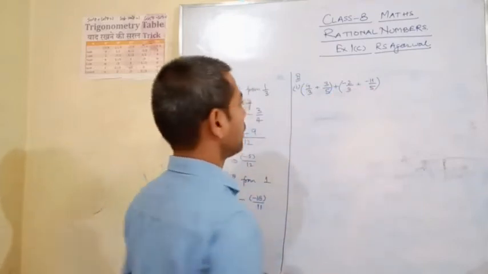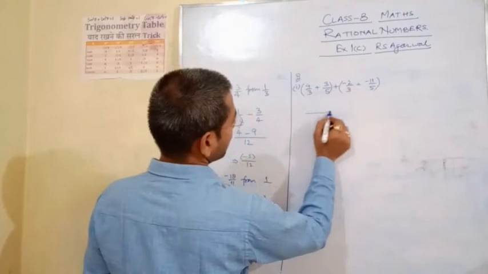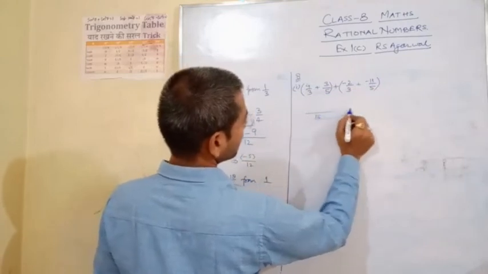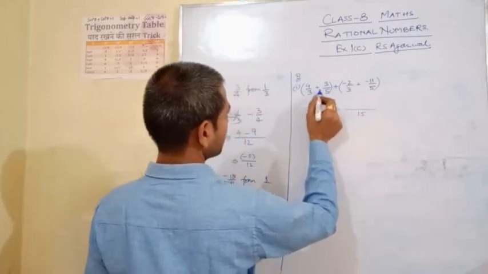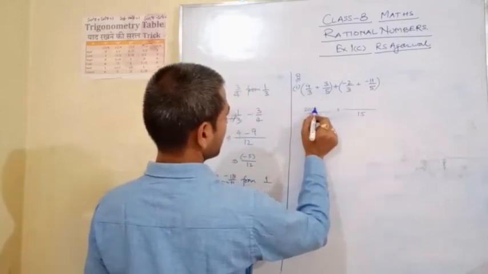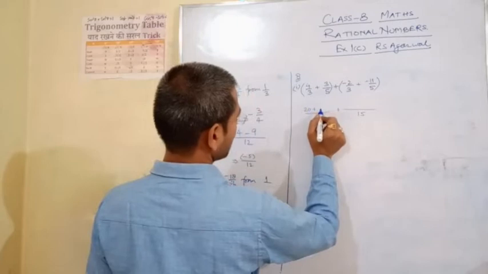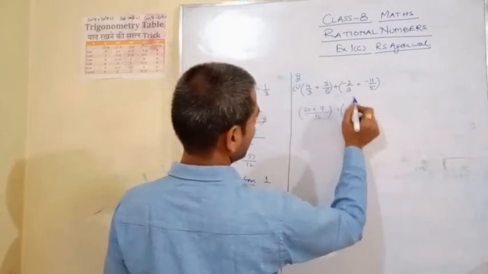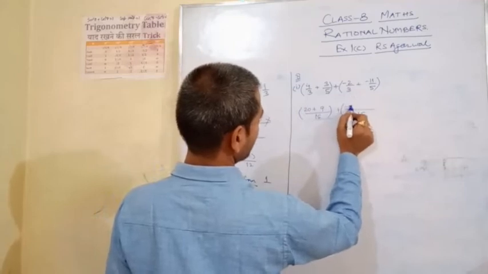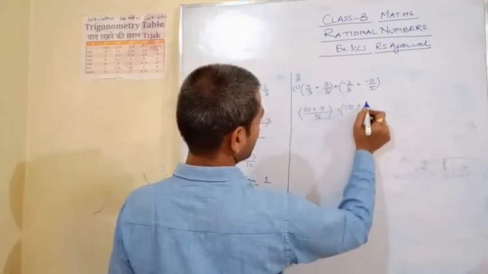Simply we will add them. The LCM will be 15, and here also the LCM 15 will be used. The numerators will be 20 and 9. And here 3 fives are 15, 5 twos are 10, 5 threes are 15 and 3 elevens are minus 33.